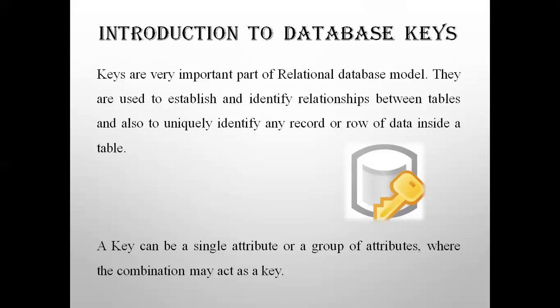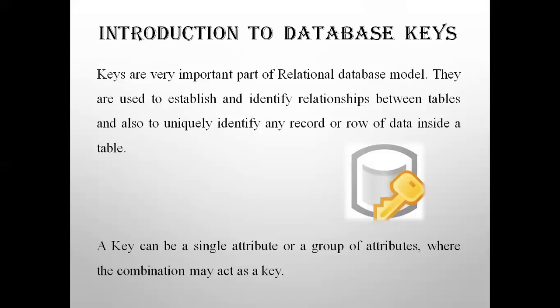So a key can be a single attribute or a group of attributes. It can also help you to enforce identity and integrity in the relationship. That is the accuracy in the relationship.